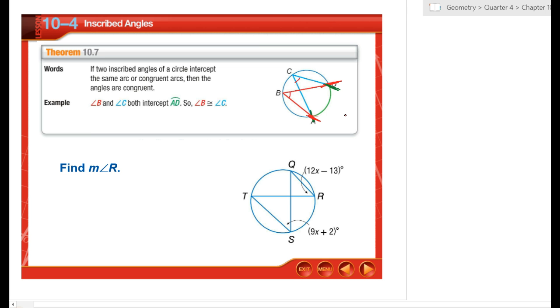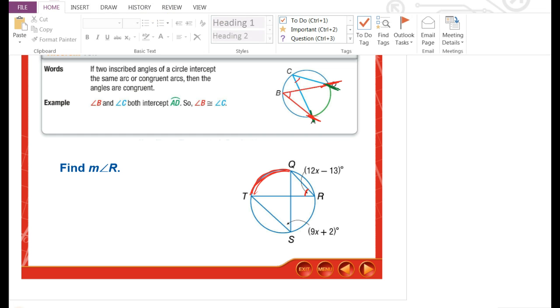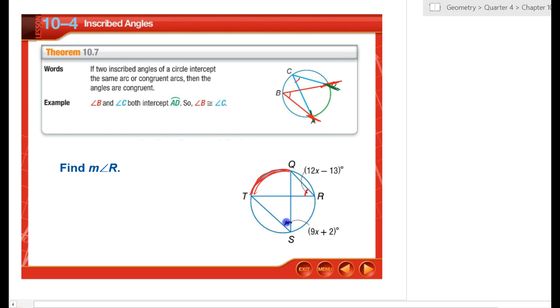So here let's find R. Okay? Well, angle R. I don't know this arc because angle R makes this arc. But other information that I'm told is angle S, which also creates the same arc. Therefore, those are congruent angles. So 12x minus 13 equals 9x plus 2.